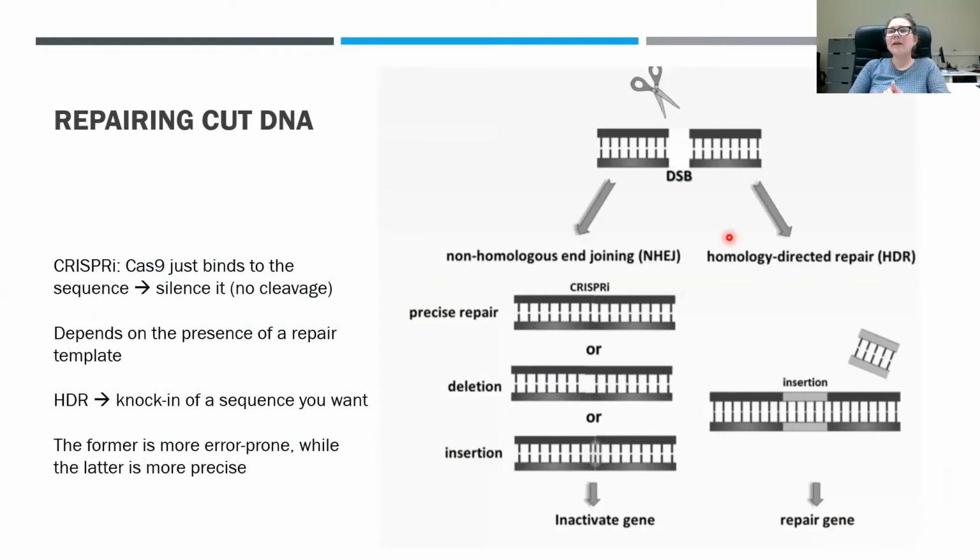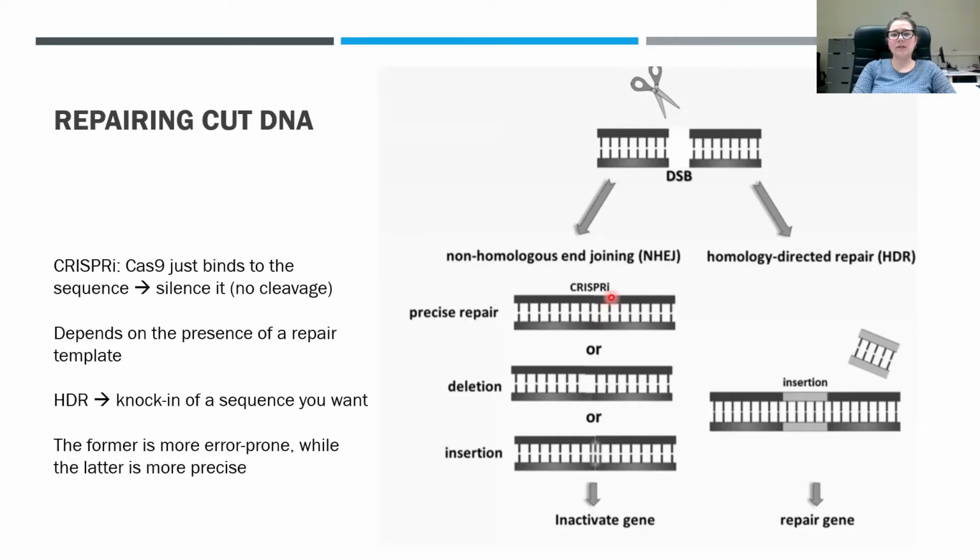After, let's say, viral DNA is cut, the virus wants to repair its DNA by either non-homologous end-joining or homology-directed repair. The latter is said to be more precise, whereas the former is said to be more error-prone. An example of non-homologous end-joining is CRISPR interference.